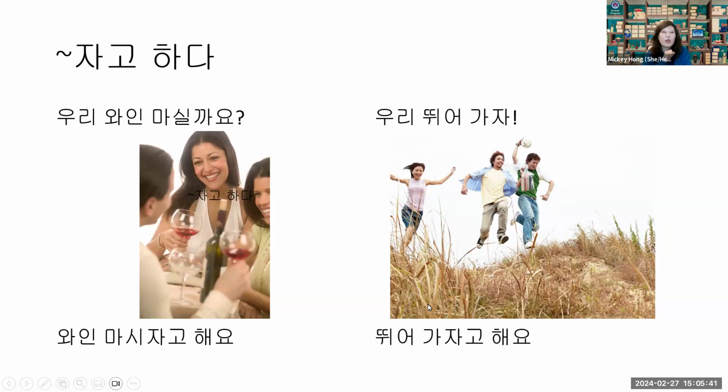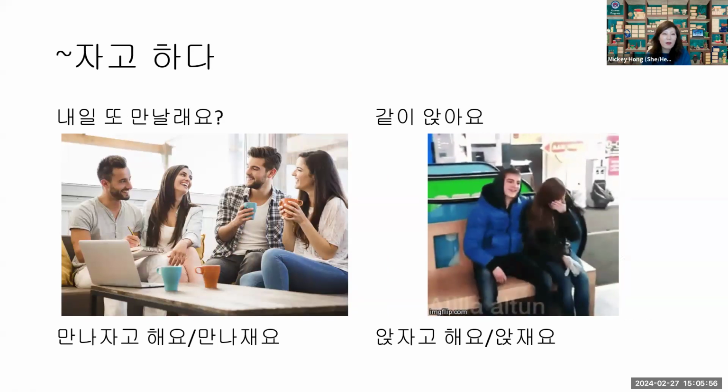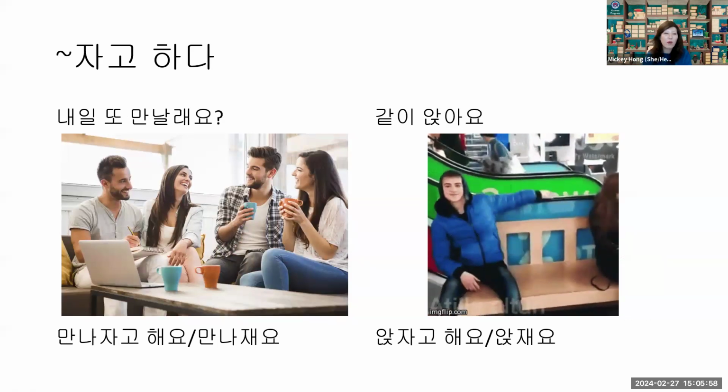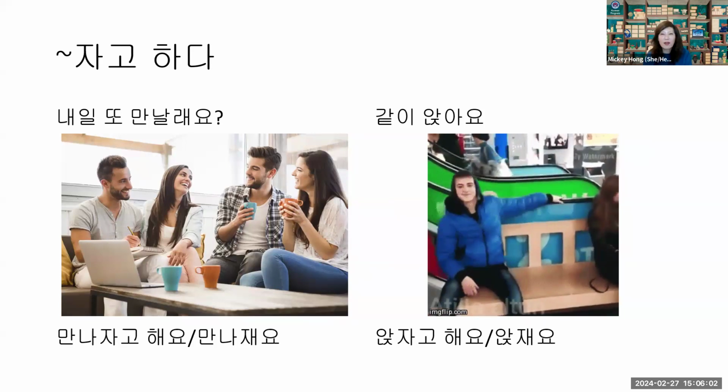Let's do something. 우리 와인 마실까요? 와인 마시자고 해요. 우리 뛰어가자. Let's go running. 뛰어가자고 해요. That's what they are saying. Let's do this, let's do that. 내일 또 만날래요? 만나자고 해요. 만나재요. They say let's meet again. 같이 앉아요.